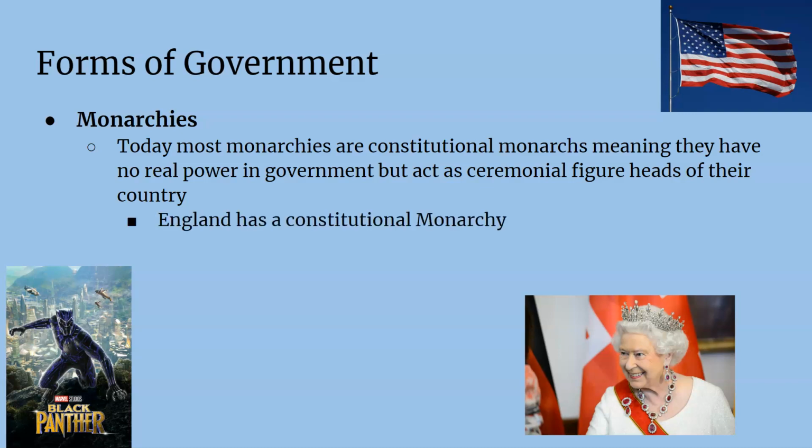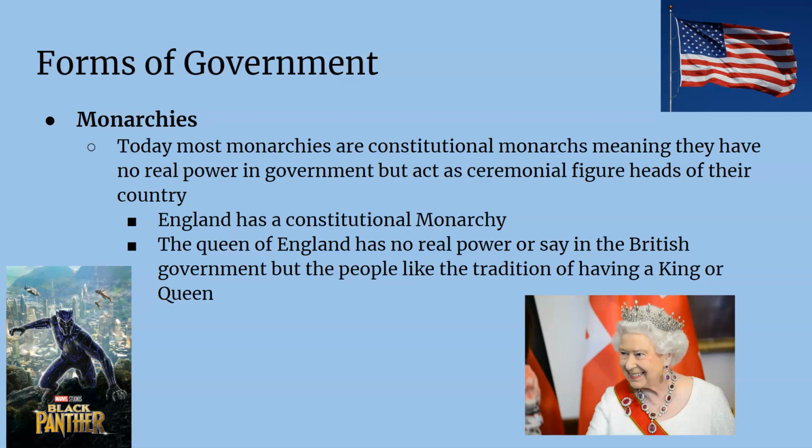In England, the queen is a constitutional monarch. She doesn't really have any power or say in government, but the people love having a queen in England. That's part of their culture, so they keep her around. She's just really a ceremonial placeholder.